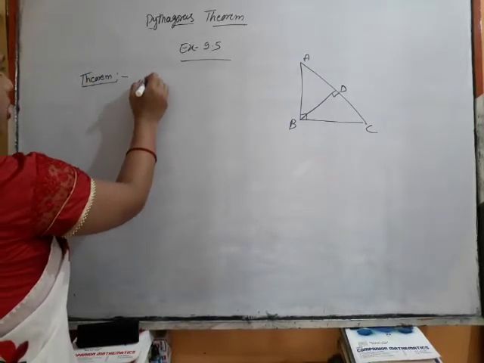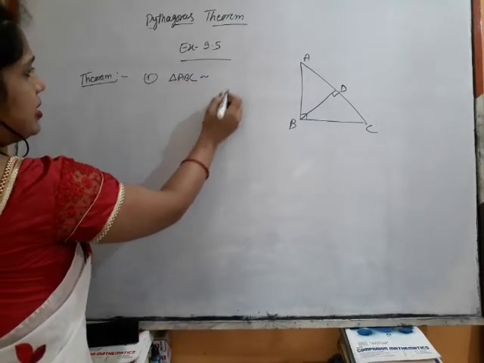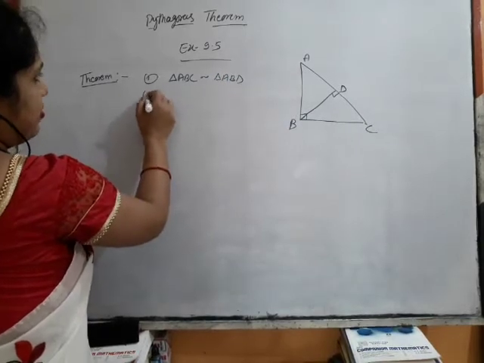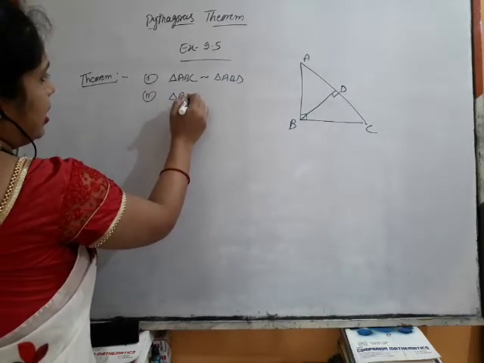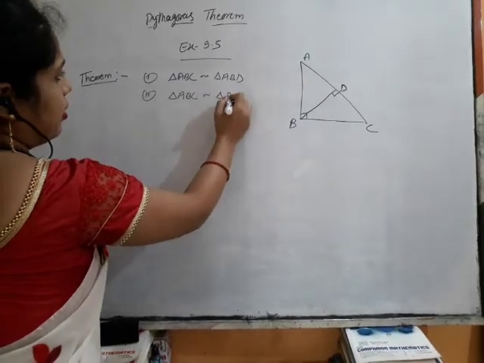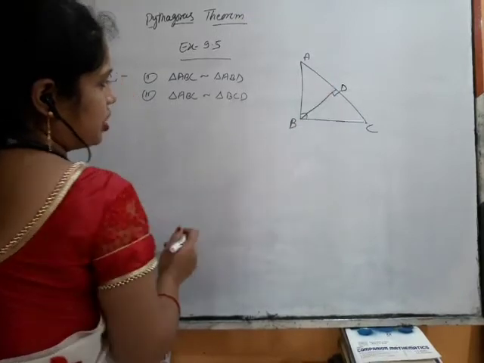the theorem result is what? The first result is triangle ABC is similar to triangle ABD. Second result, triangle ABC is similar to triangle BCD. This ABD and BCD we have got after this construction.